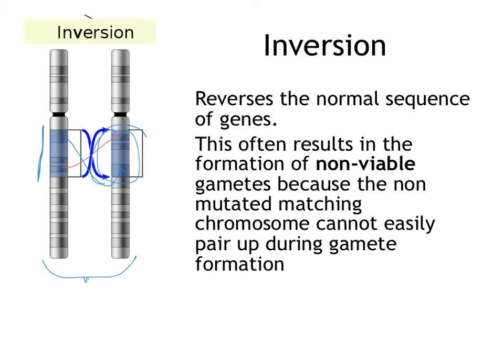You don't need to know that at Higher Biology, but what you do need to know is that in inversion those matching chromosomes have trouble actually matching up because the genes have been inverted. A non-viable gamete means gametes that aren't actually going to go on and produce fertile offspring. They can't be fertilized by sperm.